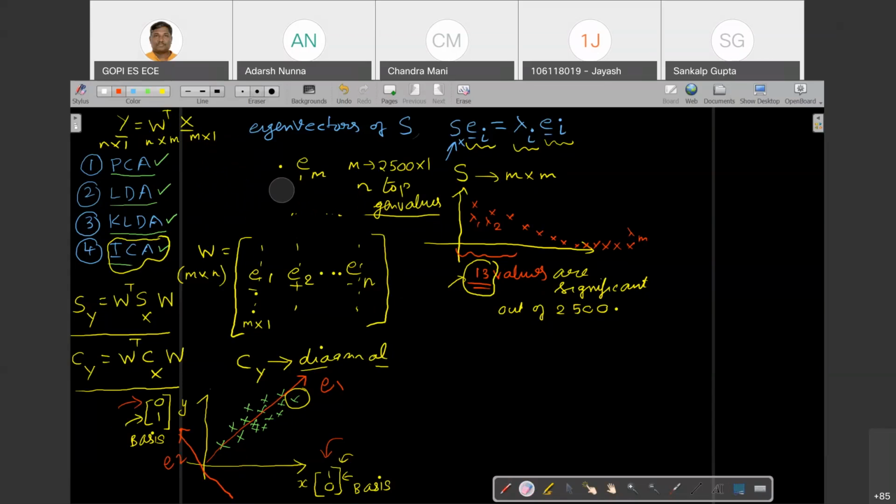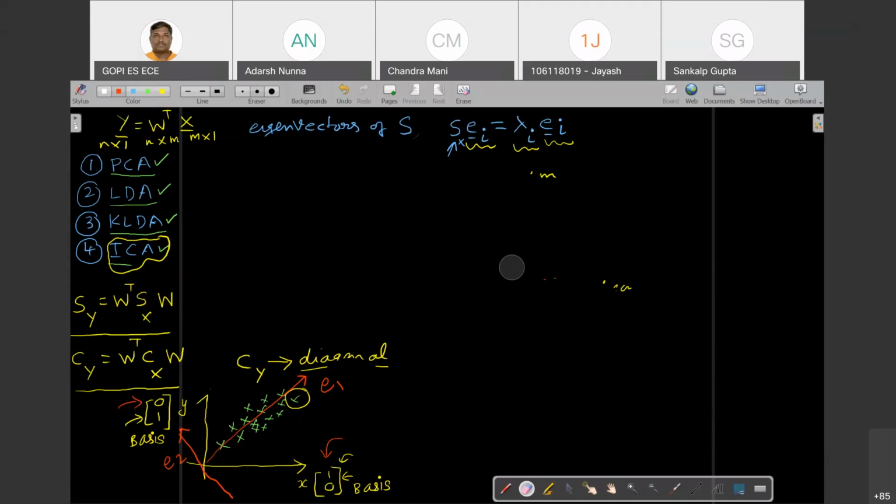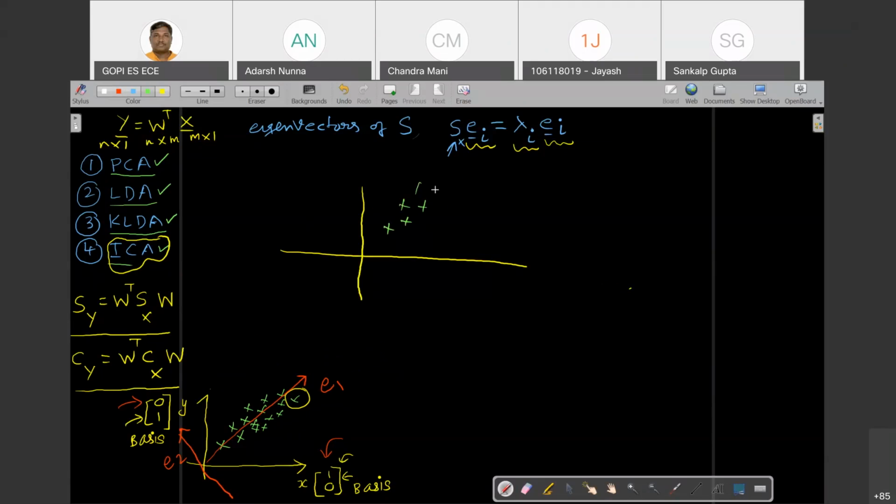What does it mean? It means that the vector we had, we are now trying to represent with respect to E1 and E2 instead of representing with respect to (1, 0) and (0, 1). Let me draw it again. And your eigenvector is in this direction.